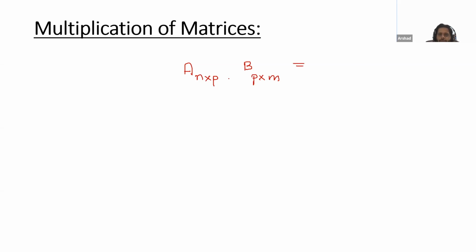We can multiply two matrices only if the number of columns of the first matrix is equal to the number of rows of the second matrix. Please remember this.